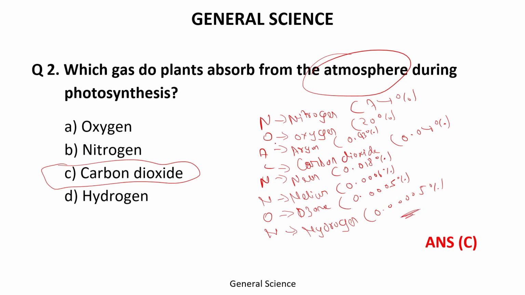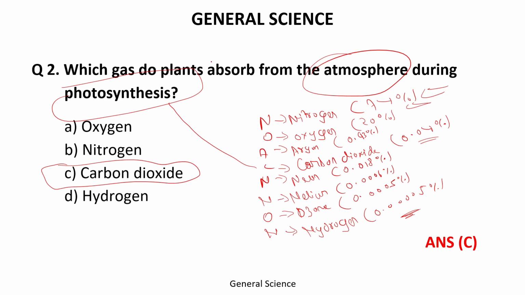So this is the composition of the atmosphere. These are the gases found in the atmosphere. The most abundant one is nitrogen, thereafter oxygen. Carbon dioxide, which is nearly 0.04% in the atmosphere, is the gas absorbed by the plant during photosynthesis.